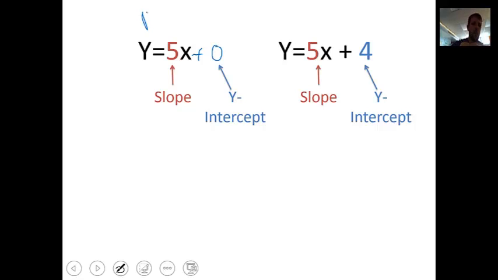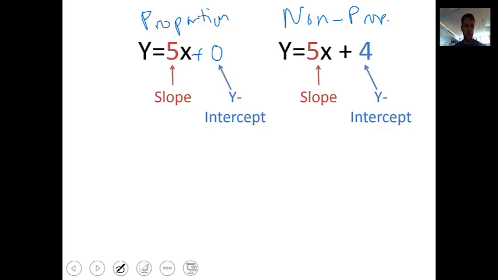So we can say for a proportional equation that the y-intercept will always be 0. But the y-intercept for a non-proportional will always be something that is not 0.